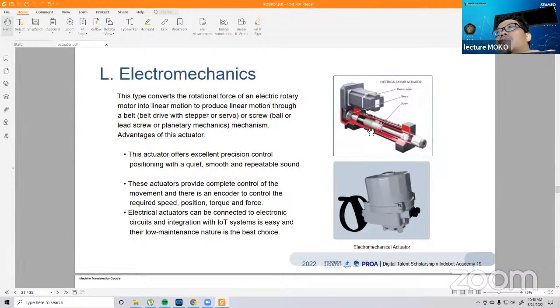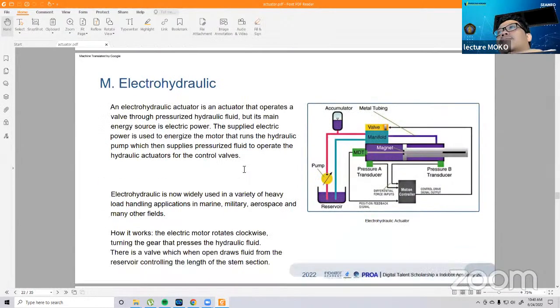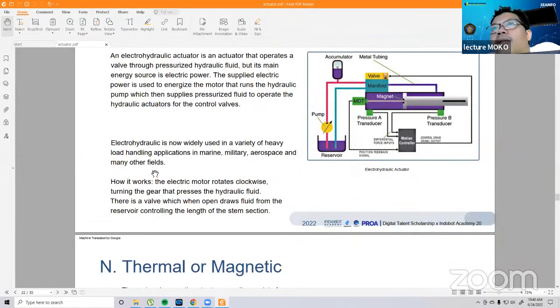We call it a propeller. Electrohydraulic is also a type, hydraulic combined with electric signal. So the power is from hydraulic, from liquid, but we use a solenoid valve to control open or close of our hydraulic motor, hydraulic system.